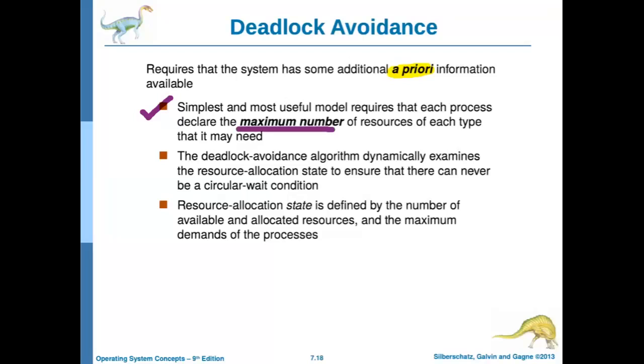Okay. Now what happens is this deadlock avoidance algorithm dynamically examines the resource allocation state to ensure that there can never be a circular wait condition. That means whatever number of processes are there, whatever number of resource types are there, the operating system, or rather I can say the deadlock avoidance algorithm more specifically, will try to build the resource allocation graph.